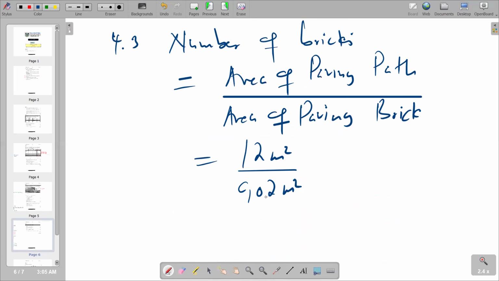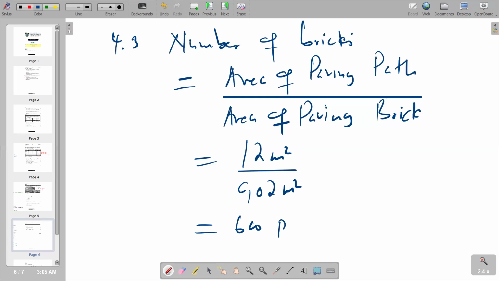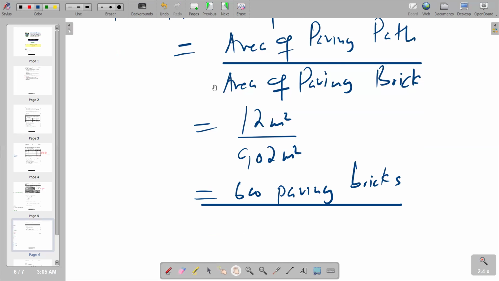So with that, we see that the answer that we are going to get is 600. So our question, remember, requires us to calculate paving bricks. So we've got 600 paving bricks. So this is our answer from that part.